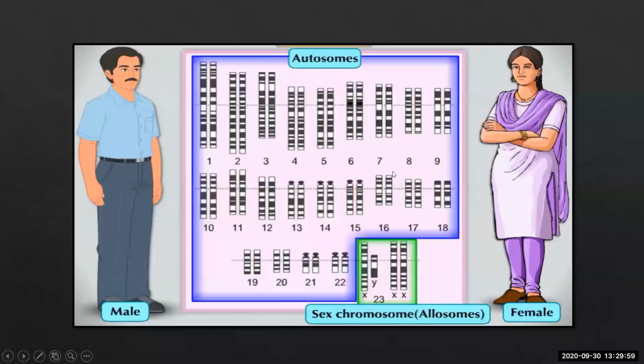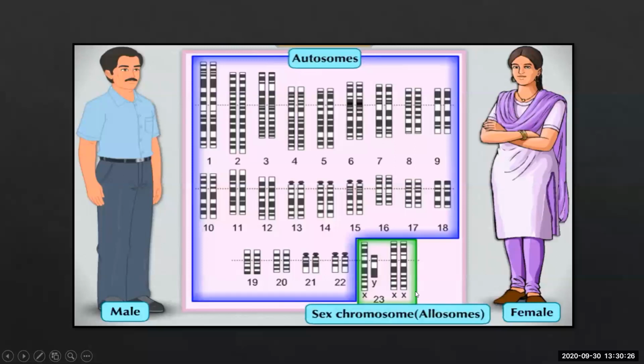These 22 pairs of chromosomes are autosomes, meaning 44 chromosomes. And this one pair, that is the 23rd pair, has two chromosomes. These are sex chromosomes. In male, it is XY, and in female, it is XX.